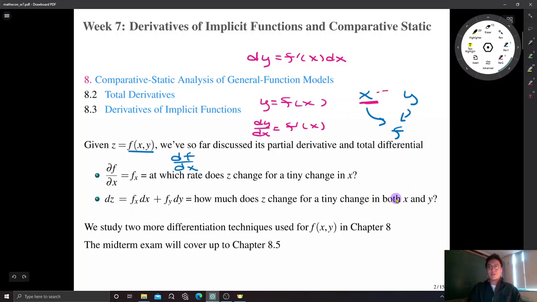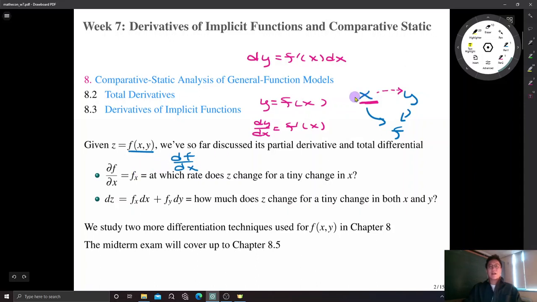So if x changes a little bit, y also changes, and that in turn influences function f. We start with a change in x, but the change in x also induces a change in y, and that in turn influences function f.